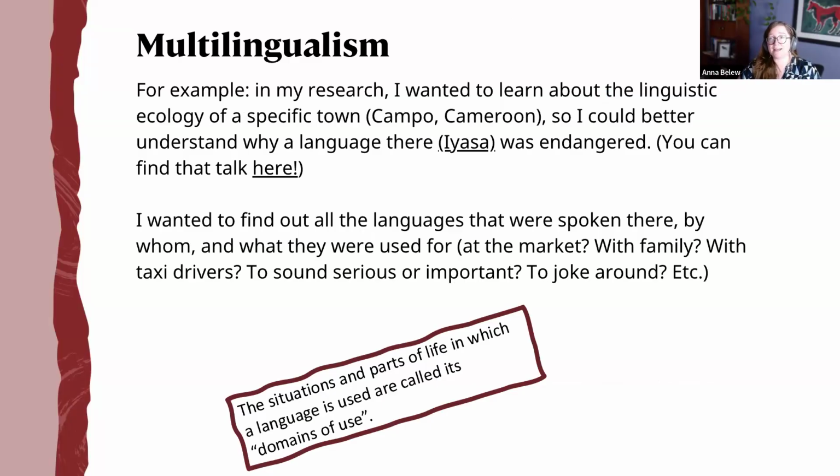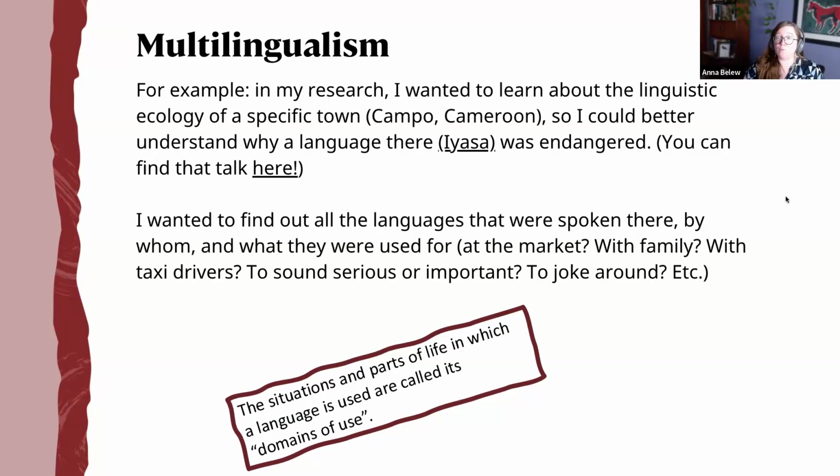And I wanted to understand that to have a better understanding of what was happening around the endangerment of one of those languages, Yasa. And so I wanted to know, what are the languages that people speak here? Who speaks them? What do they use them for? Like, what do people speak in the market? What do they choose to do when they're talking to their family?